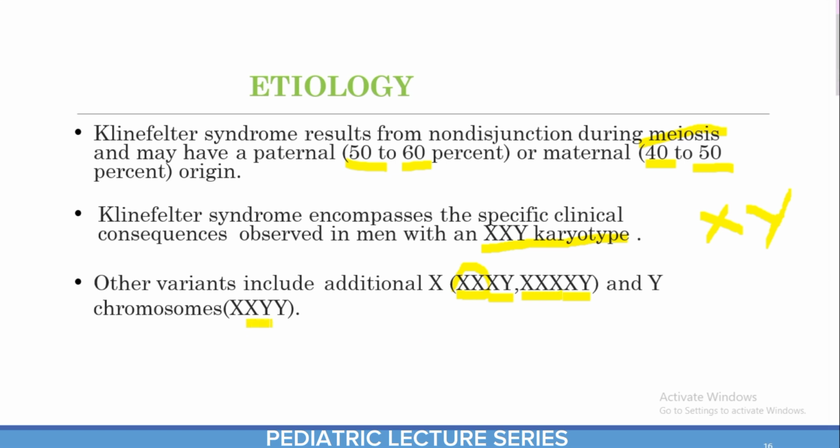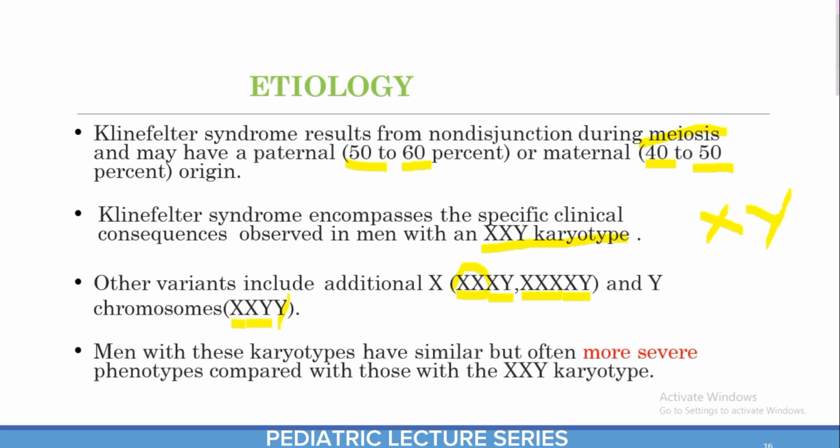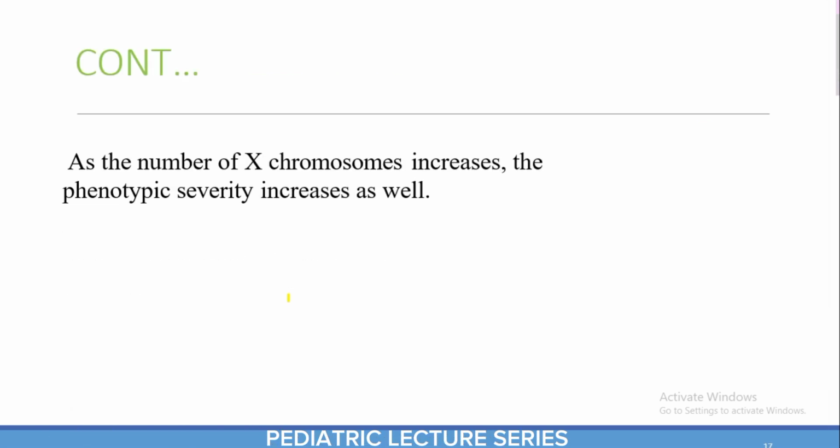So here they have both. They have an extra X chromosome and they have an extra Y chromosome. Men with this karyotype have similar but more severe phenotypic features. In other words, as the number of X chromosomes increases, the phenotypic severity increases as well.